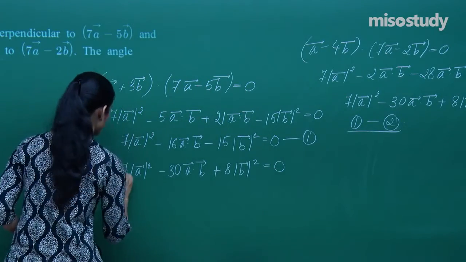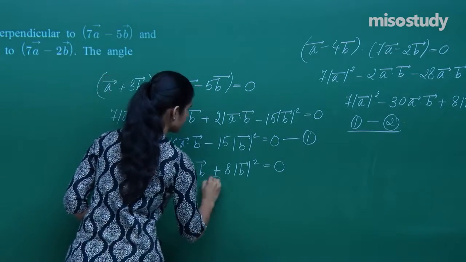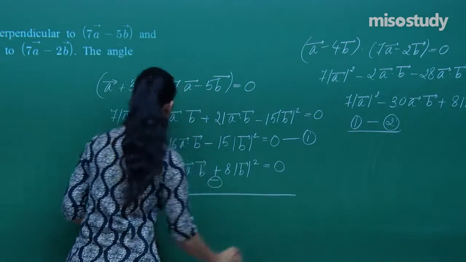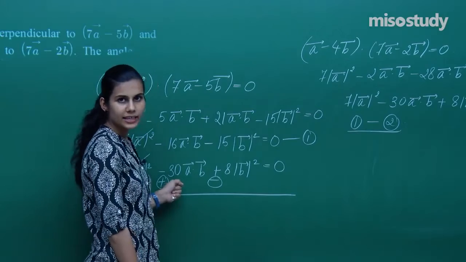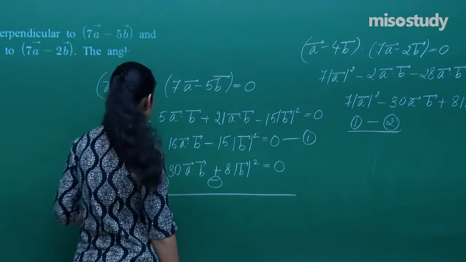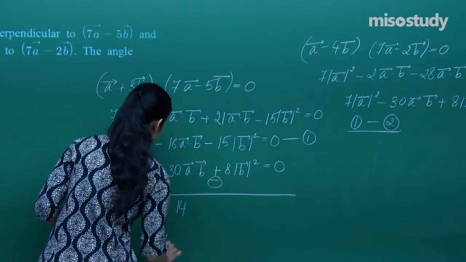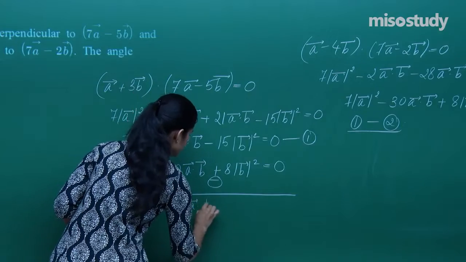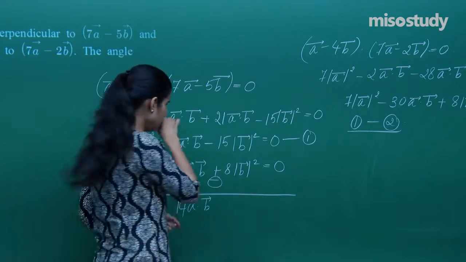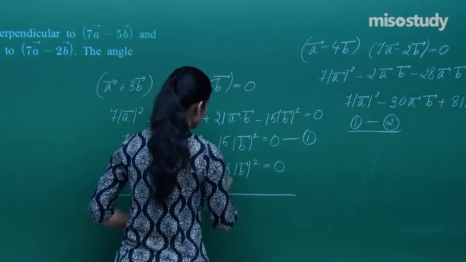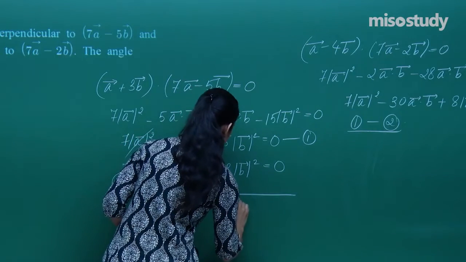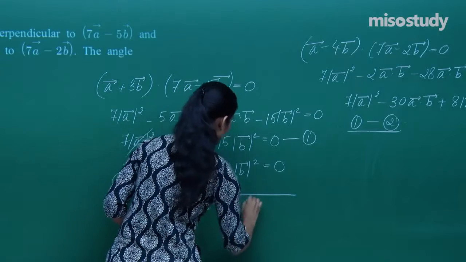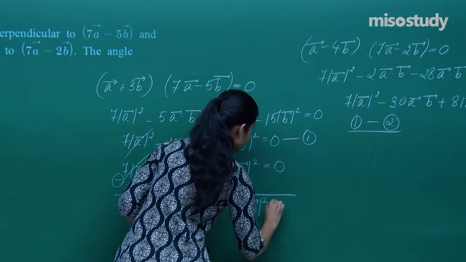So when you subtract, basically, what you obtain is this cancels out. You have 30 minus 16, which is 14 A dot B. Okay. Then this is what? This is minus of 23 mod B square equals 0.